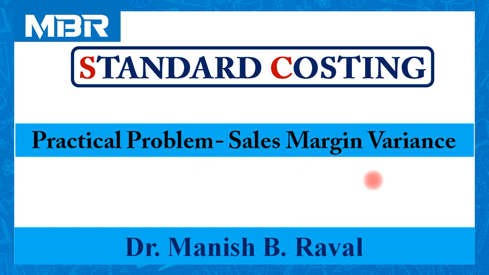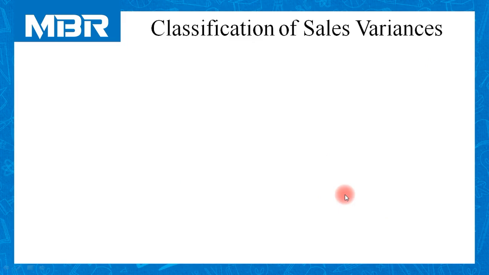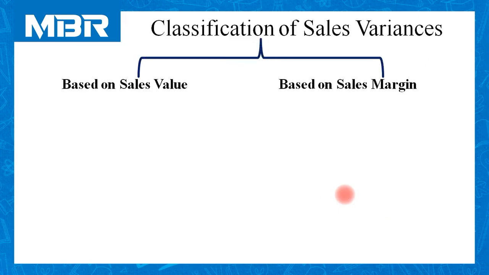Let us understand the sales variances first. When you say sales variances, there are two different bases available to us for the calculation of sales variances: sales variances based on sales value and sales variances based on sales margin. It is also known as profit.